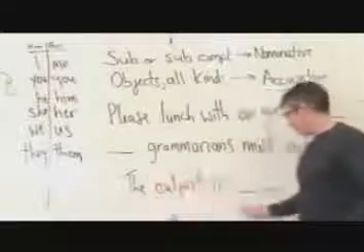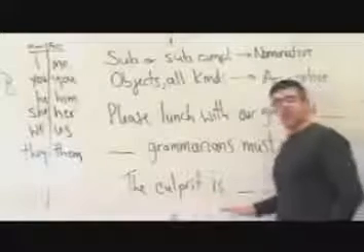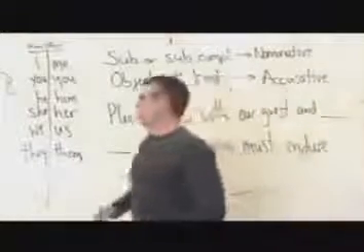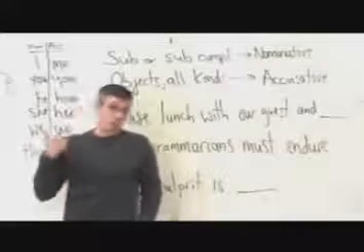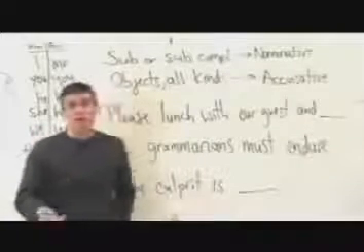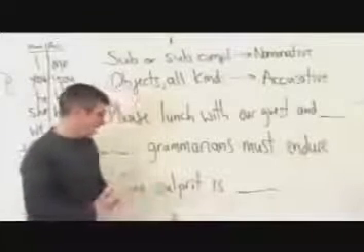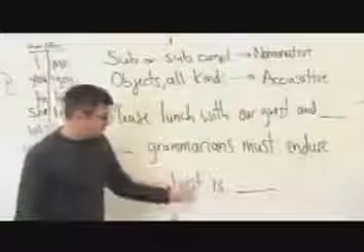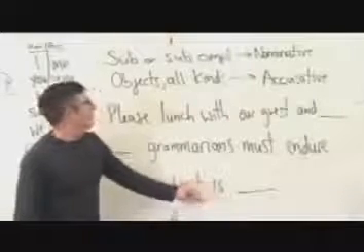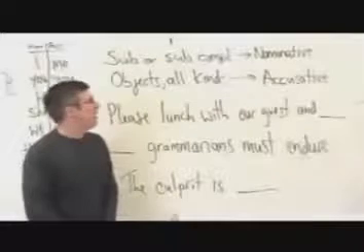And this final example I'm giving here, the culprit is blank. The culprit is, should we say him or he? The culprit is him or the culprit is he? Well, we have to look at what's going on here. What is going to go into this space?